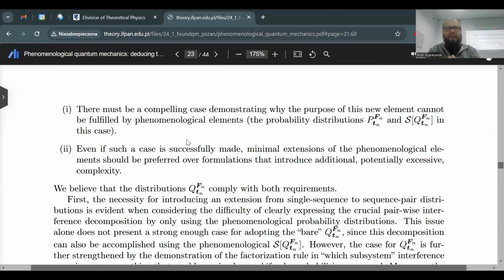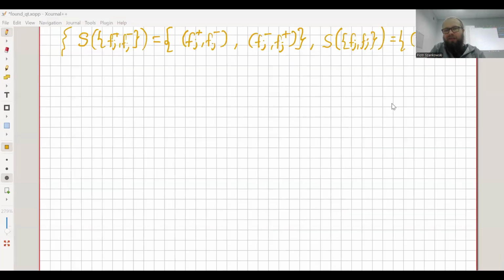Okay, and I think that functions Q fulfill those two conditions, and let me explain why. So first, the need.